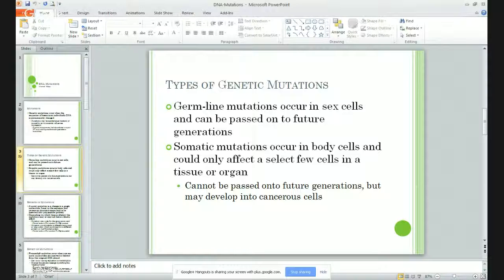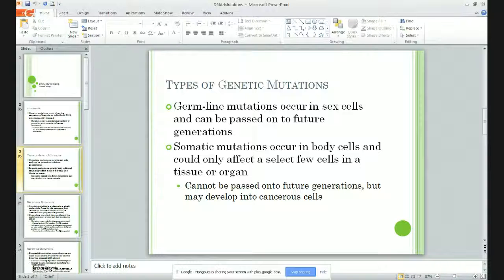That might occur when your body's either growing or trying to repair an injured part, like a broken bone or something like that. So those types of mutations, the somatic mutations, tend to not cause as many problems sometimes in terms of being passed on because they're not in the line.